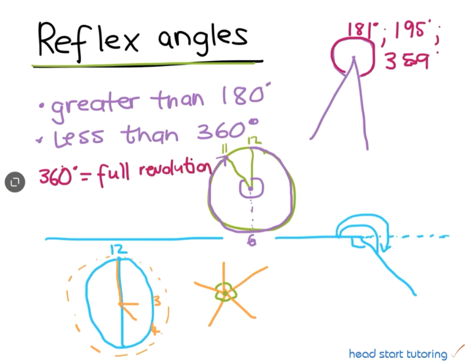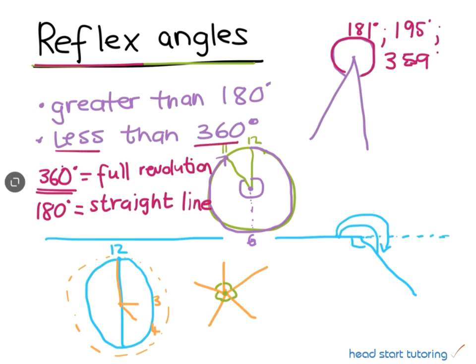So 360 degrees on the dot is equal to a full revolution, and 180 degrees on the dot, as we've learned, is equal to a straight line. Right, so 360 degrees is not a reflex angle because a reflex angle needs to be less than 360.